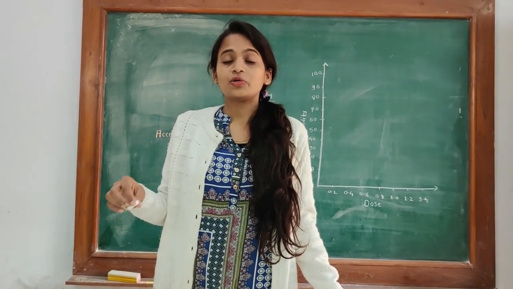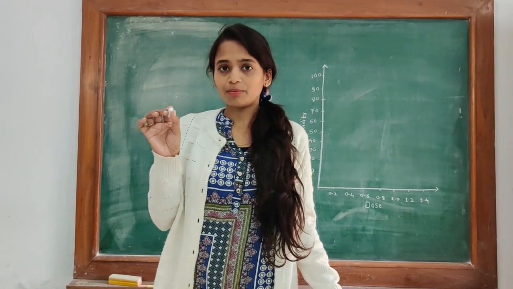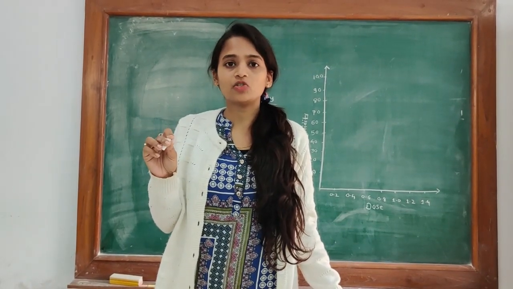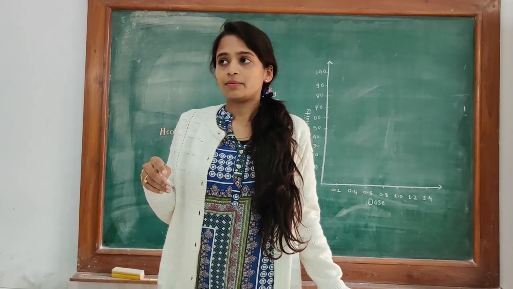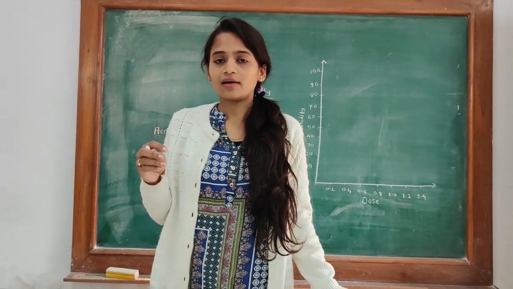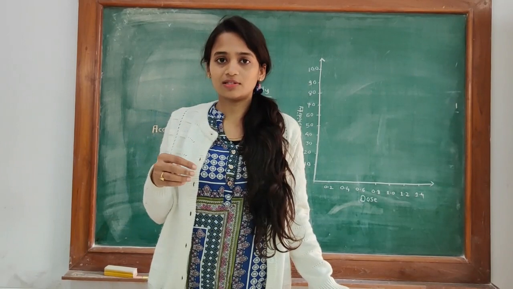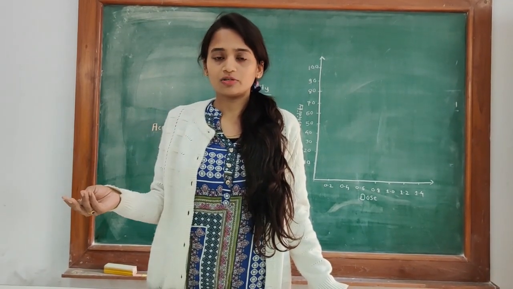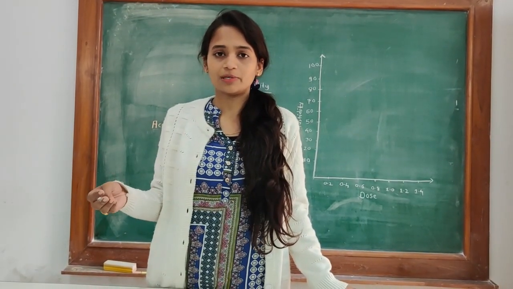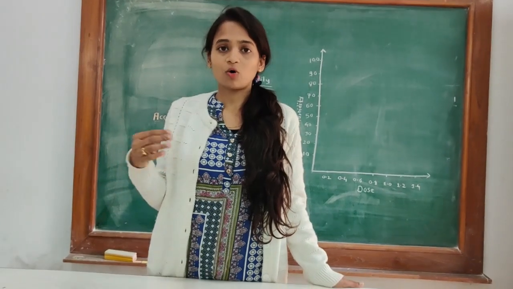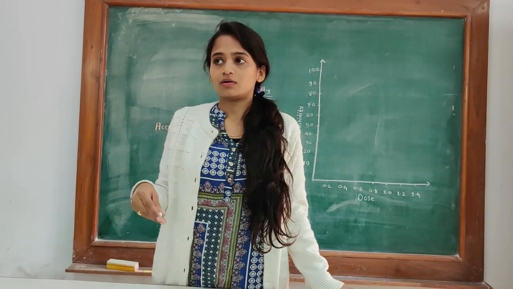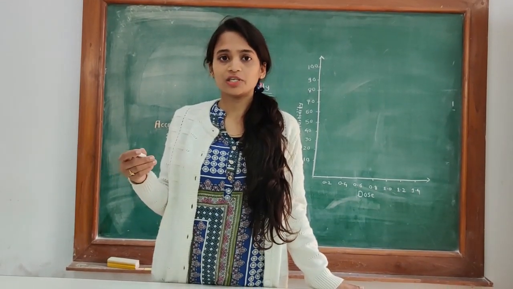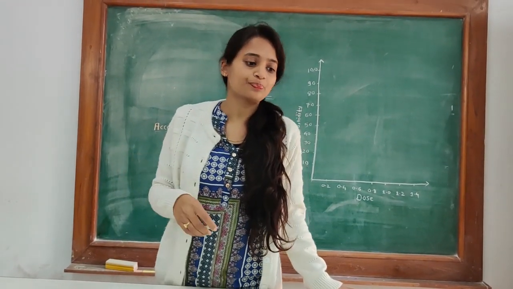So we need to find that particular dose at which turbidity is removed most efficiently. And because this chemical adds to the cost of the treatment, whenever there is a cost, we need to optimize that. So for this we will be using the jar test apparatus.